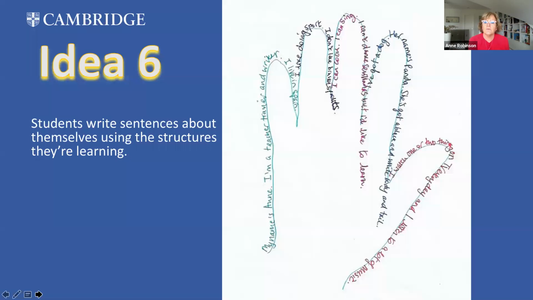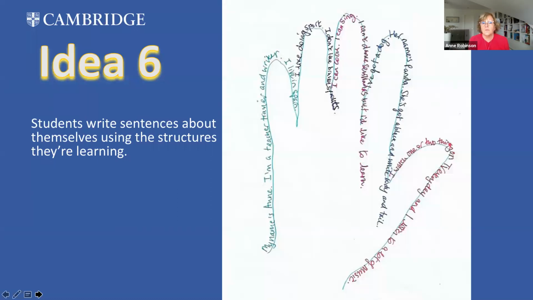These are all sort of starter structures. I was starting with the first lesson: my name's Anne, I'm a teacher, trainer, and writer, I live in Spain. And then different grammatical areas, especially verbs in this case, that are on the Pre-A1 Starters syllabus.